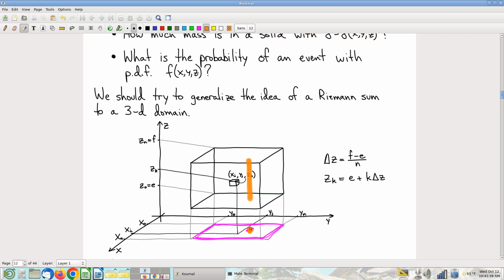But if I break it up, not by chopping up the area of the shadow, but if I actually chop up the box itself, slice it in all three different directions, and I get not a bunch of French fries, I get a bunch of little, what do you call this in cooking? Is that a dice or a julienne? I forget.